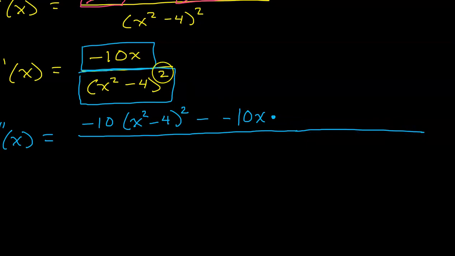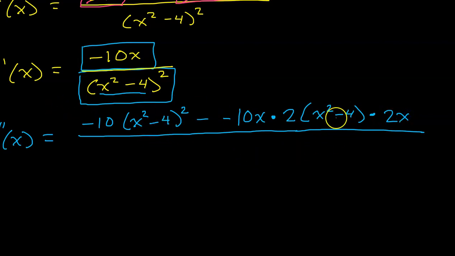So the outer function, I'm going to start by taking the derivative of the outer function, so that means the 2 is going to come in the front, and I'll have my x squared minus 4 still. So that's the derivative of the outer function, but then you have to multiply by the derivative of the inner function. All right, so the derivative of the inner function here will just be 2x.